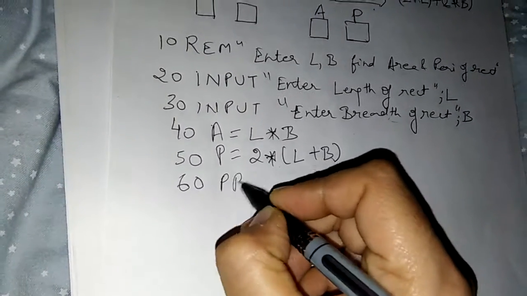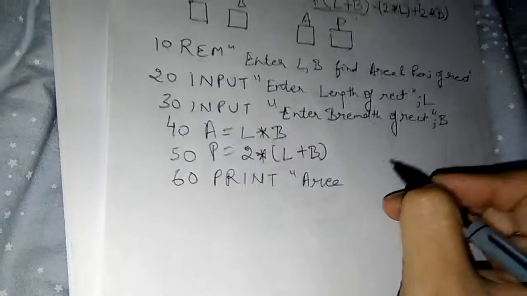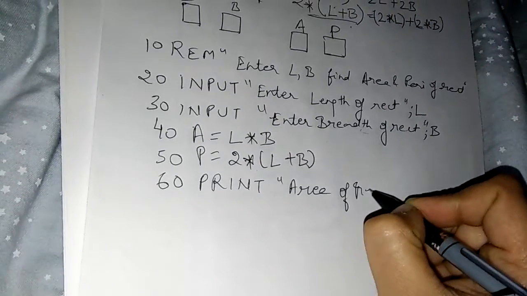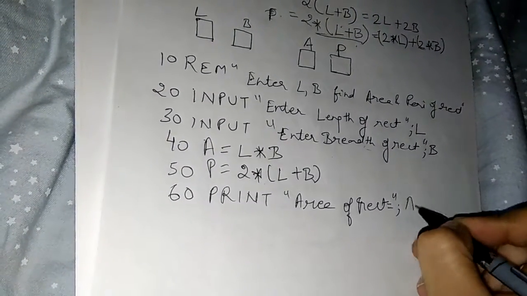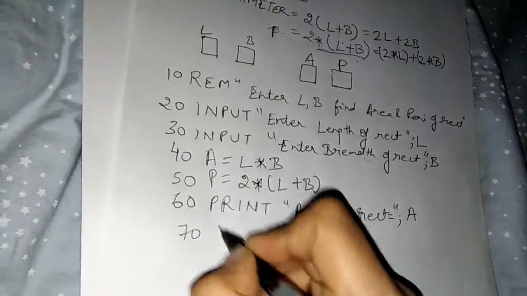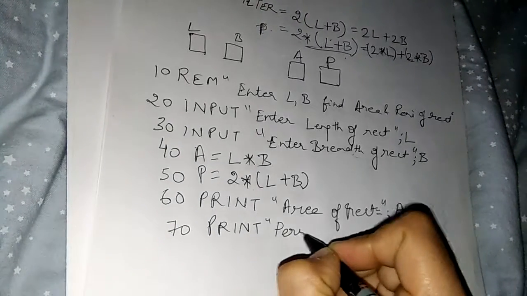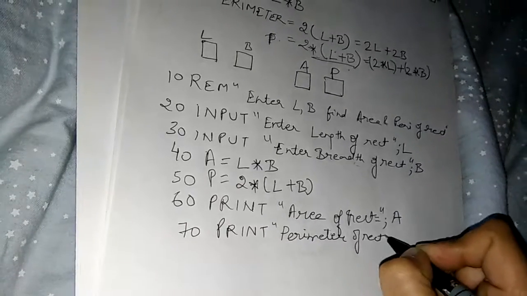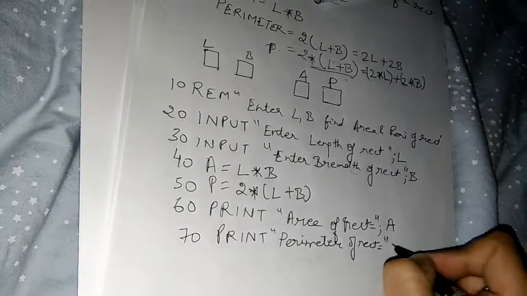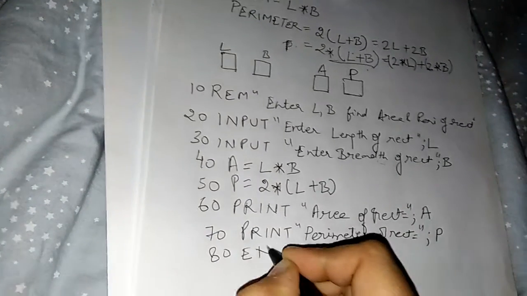Then the output part: print "area of rectangle is equal to" a. Print "perimeter of rectangle equal to" p, and then end. This is how we are writing the program.